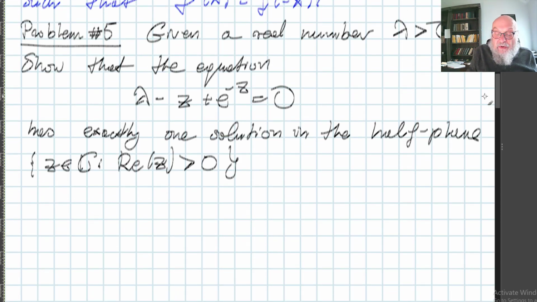And maybe two additional problems. Problem 6.